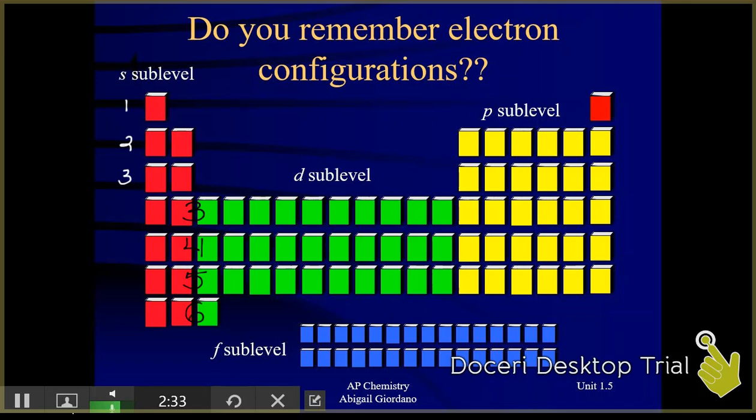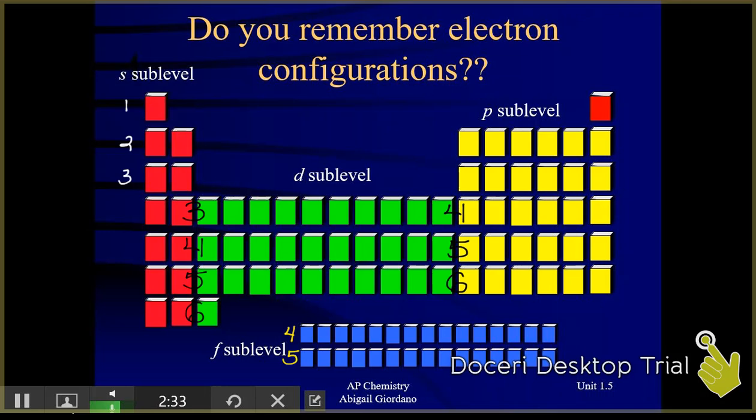And then across where the green meets the yellow, 4, 5, 6, and I think your periodic table has another row, you would put 7. Down here at the bottom, next to the f sublevel, put a big number 4 and 5. If you will recall back from Chem 1, those numbers represent energy levels.